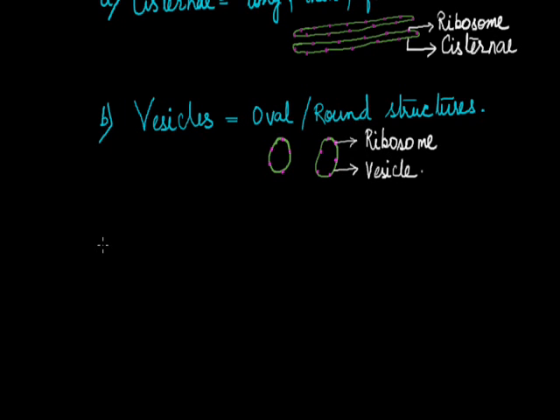The third type of component is called the tubules. Unlike cisternae, the tubules are much wider branched structures which form a network-like structure.